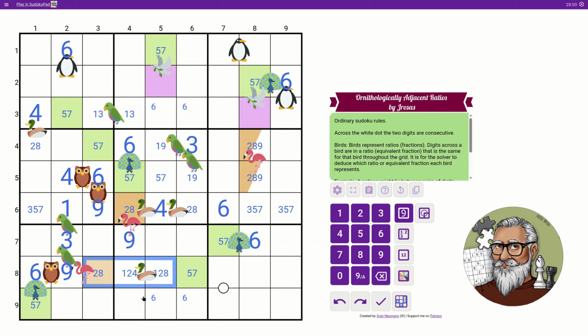And that means... Doesn't mean anything. It just means that these aren't 2, 8, fine, but it does mean that one of these are orange.